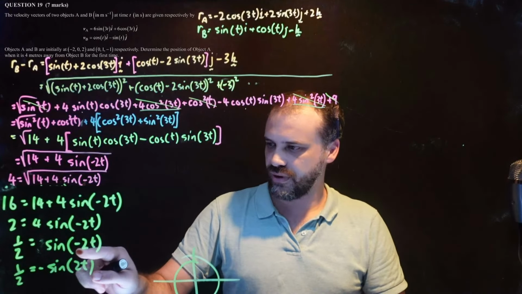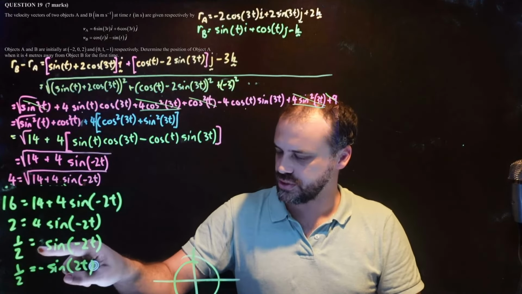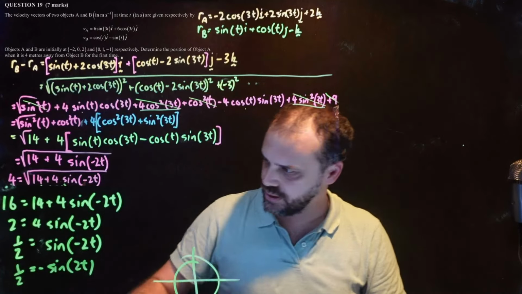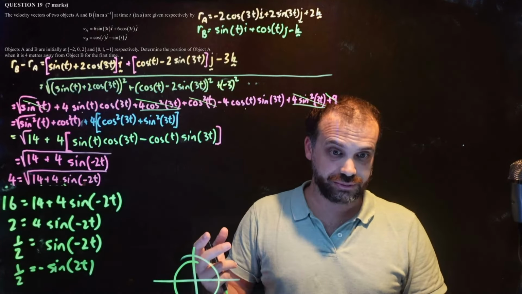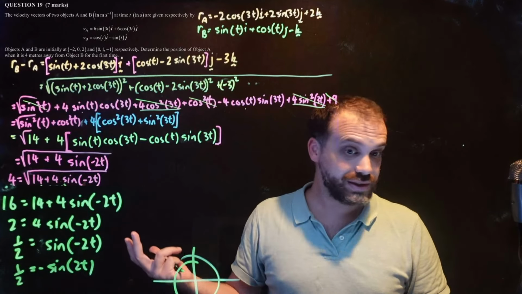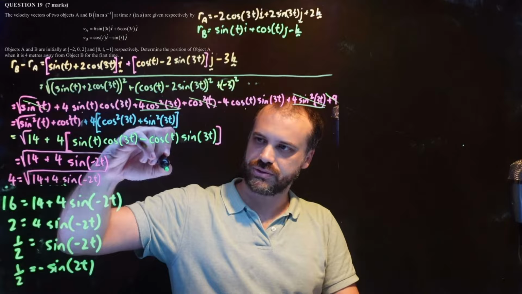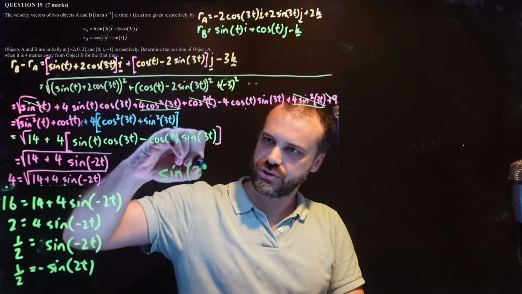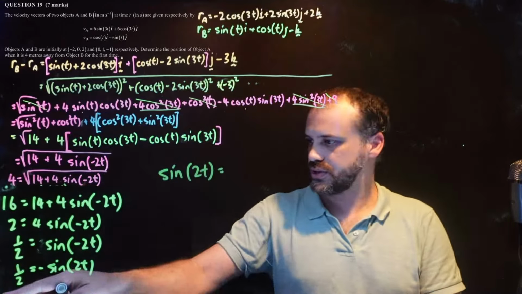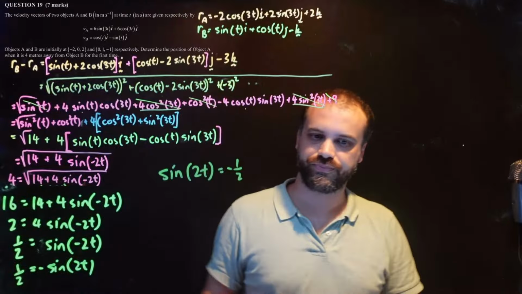So a negative angle is the same as a positive angle with negative amplitude. You can graph those two and you'll see they look exactly the same. So that means I'm solving sine 2t equals negative 1/2.